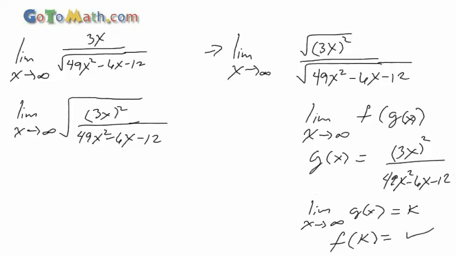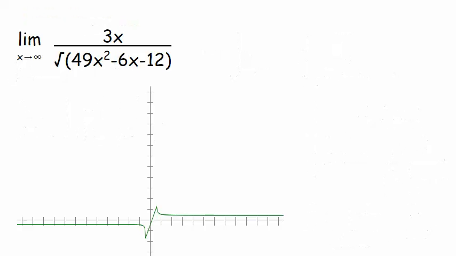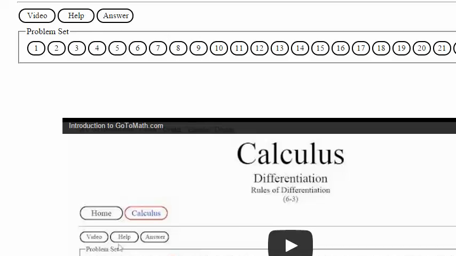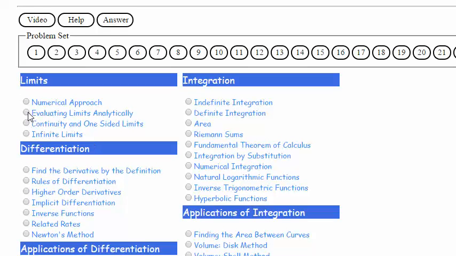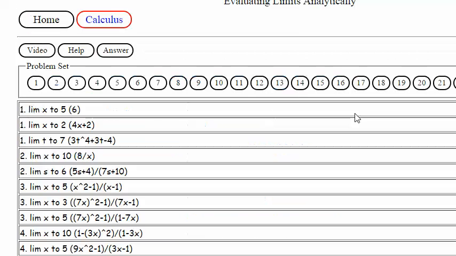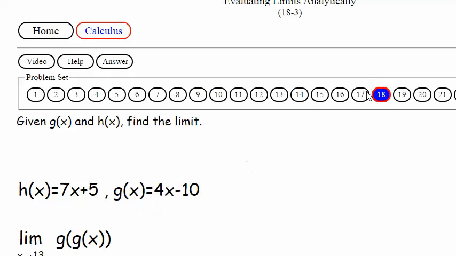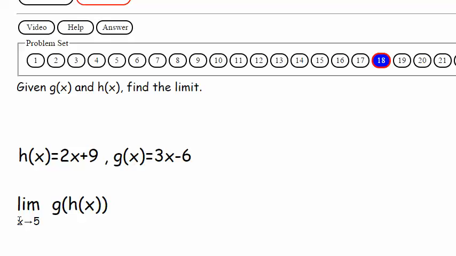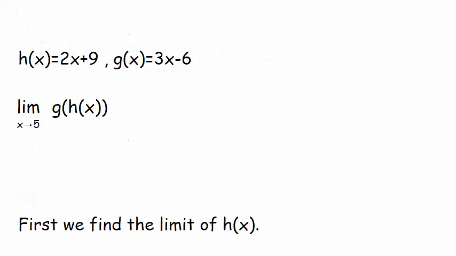Now I'm going to bring up a section that we worked earlier, under evaluating limits analytically, so you can actually see this. I believe it was 18 maybe. Okay, and let's click it again. All right, so when we found the limit as x approaches 5 of g composed of h of x, let me hit the help here so you can see what's going on.